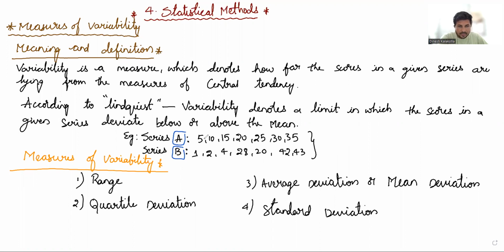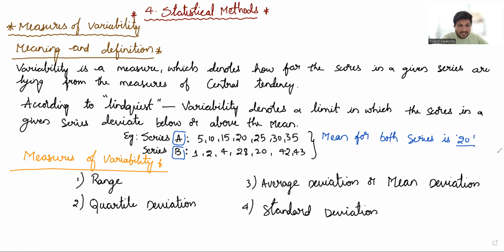Mean is nothing but the sum of given scores divided by the number of scores, right? If you calculate the mean for both series, you get 20 for both.